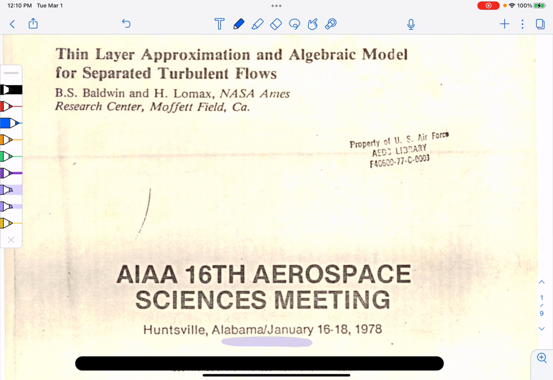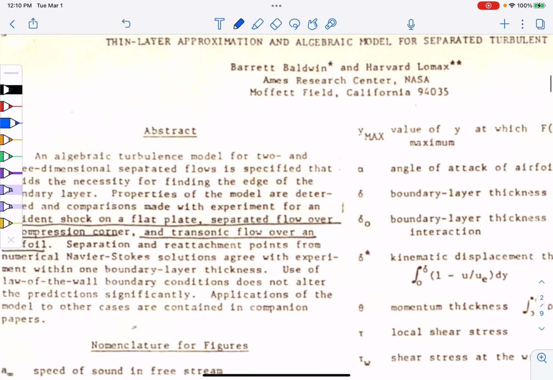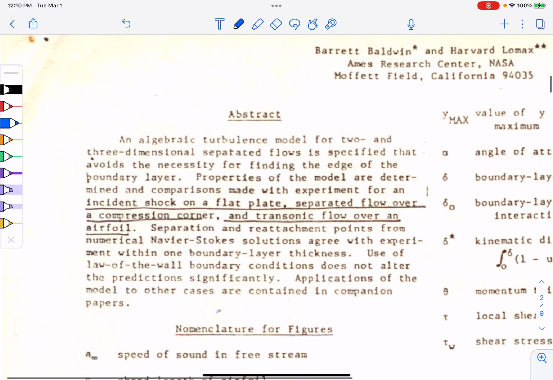So let's go through the paper and highlight a few interesting things. So here's the abstract. I like to dissect these papers and really look at important things, in my perspective at least. And often in the introduction, they put their contribution almost right away. It says, algebraic turbulence model for 2 and 3 dimensional separated flows, which I just noted, is created to avoid the necessity of finding the edge of the boundary layer, which you see is required in the Cebeci-Smith model.